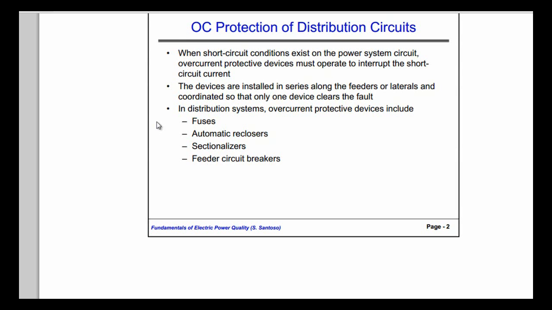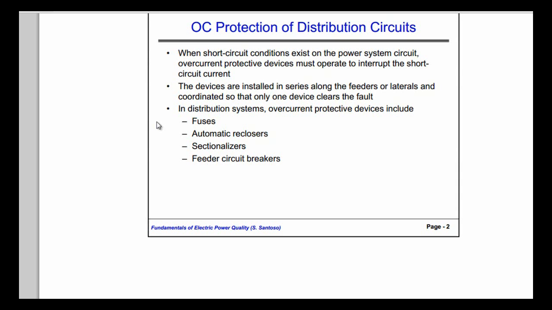For example, if a snake comes across two feeders and makes a line-to-line fault, the snake will burn and evaporate in a few seconds, and then the fault is self-cleared because the reason for the fault is not there anymore.